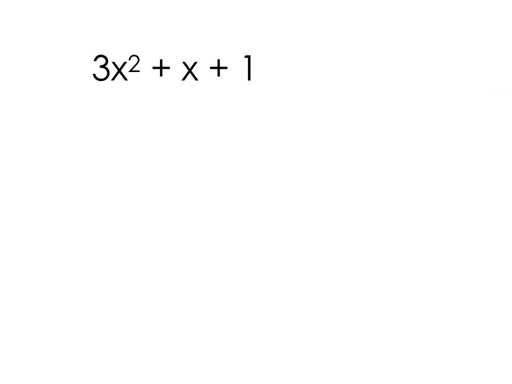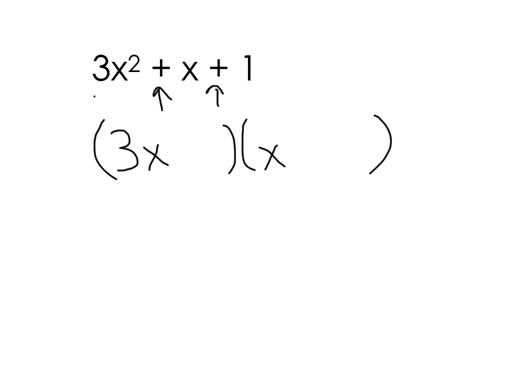How about this one? Let's try it. We need 3x squared. 3x times x. We have a positive 1 and a positive x in the middle.